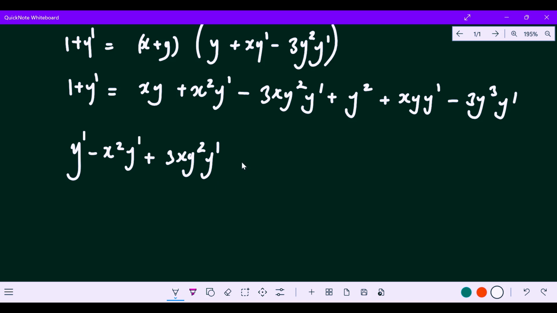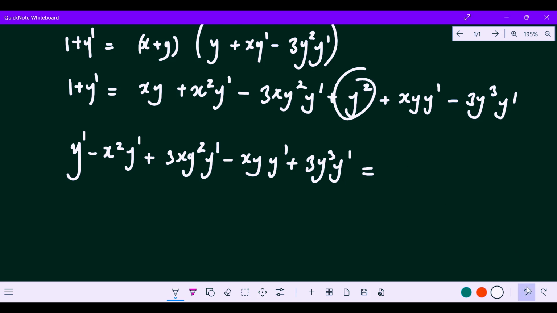What else? Minus xy y prime, and then plus 3y cubed y prime. I think that's it. Equal to, here we only have y squared and the xy. This guy didn't cross, and then the 1 crossed as minus 1.